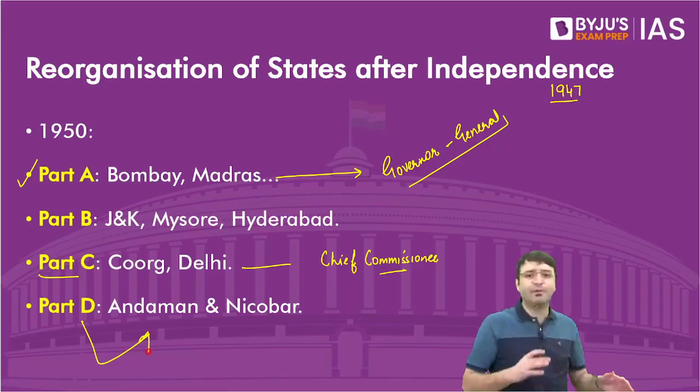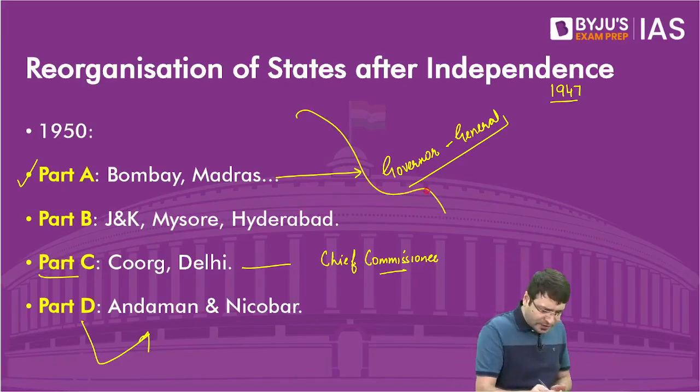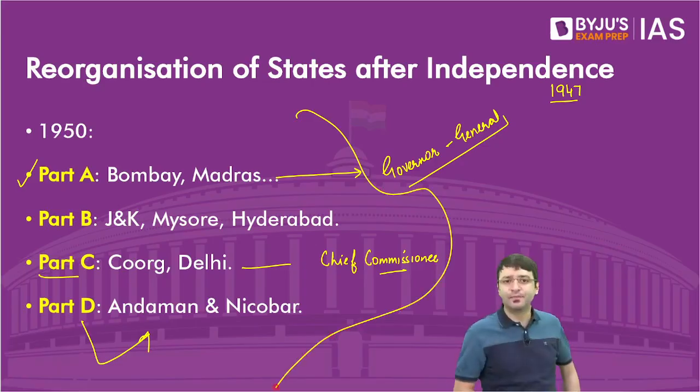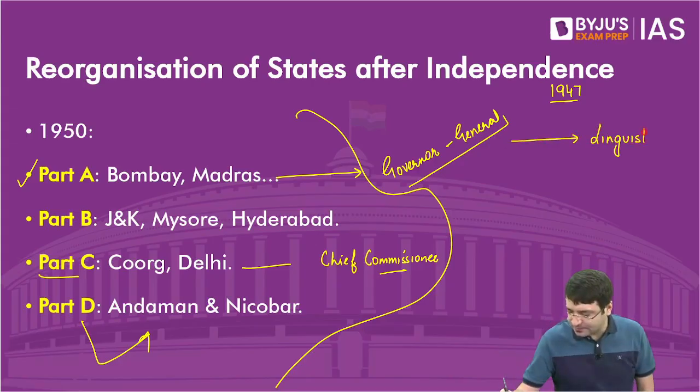Now the question before the policy makers, before the independent government of the day, was how do we reorganize the country? Reorganize the country because there were demands for linguistic states.